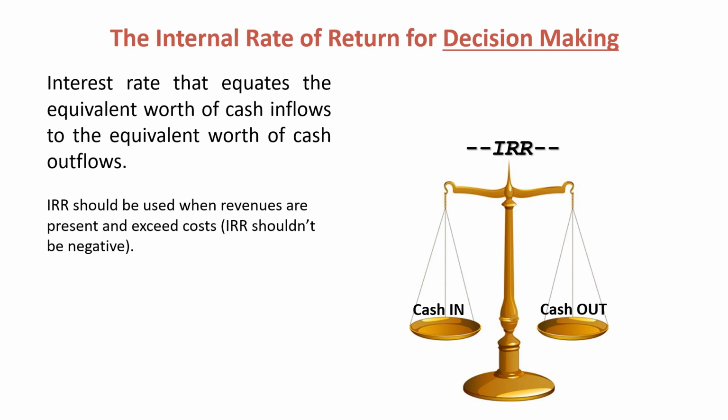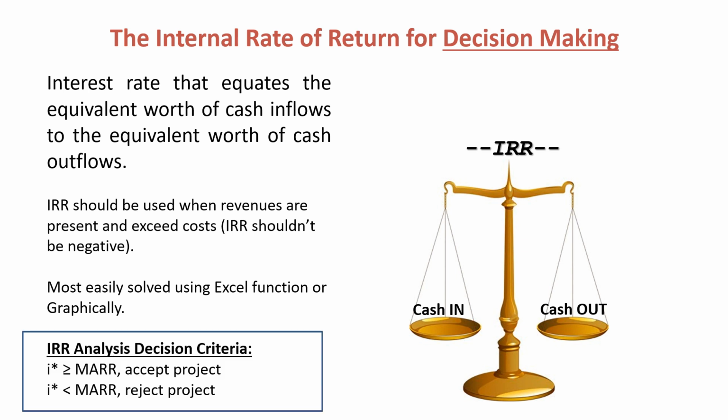So you can't calculate the IRR on a cost-only alternative, and you can't calculate the IRR on something where there's more outflows than inflows. There has to be more inflows than outflows to be able to calculate the internal rate of return. It's easily solved using Excel or using graphical methods. You can do it manually, but it would take lots of pages to do it manually. So we usually would use Excel.